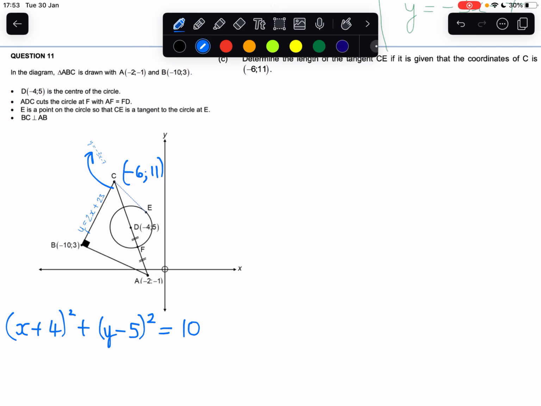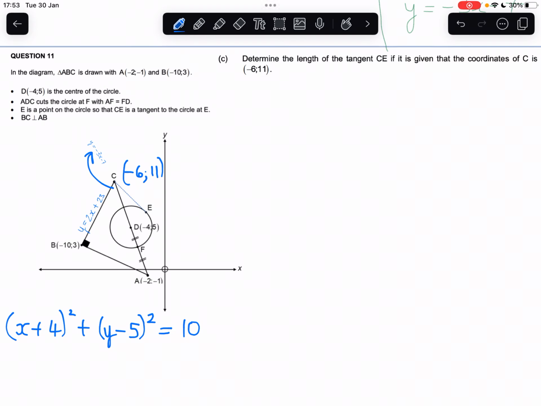Anyway, the question at hand says, determine the length of the tangent CE if it is given that the coordinates of C are negative 6 and 11. Oh, okay. Getting a nice confirmation that your answer for the previous question was in fact correct. So we want the length of the line segment CE.